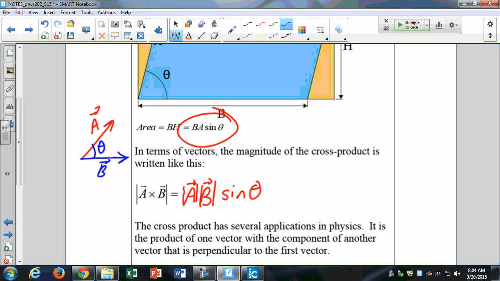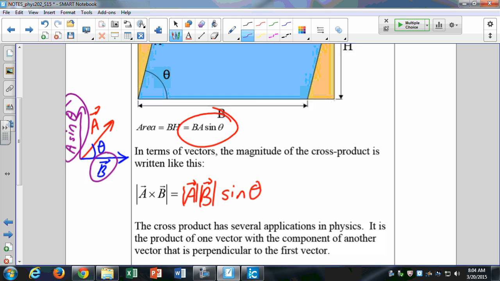So B is not perpendicular to A, but B is perpendicular to a component of A, right here. And this is equal to A sine theta. So it's like taking the product of the magnitude of B and the magnitude of that A sine theta. And that's where this sine theta term comes about when we're doing the cross product.